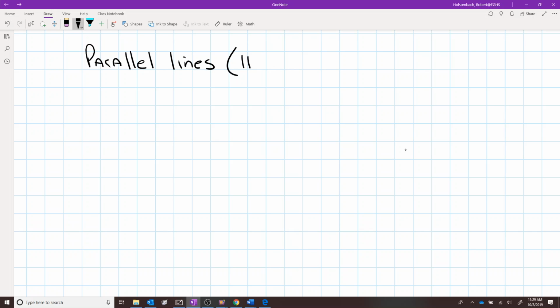Just looks like an 11. Parallel lines have the same slope. When you simplify the slope of 2 lines, and that number is the same, the lines are considered parallel.